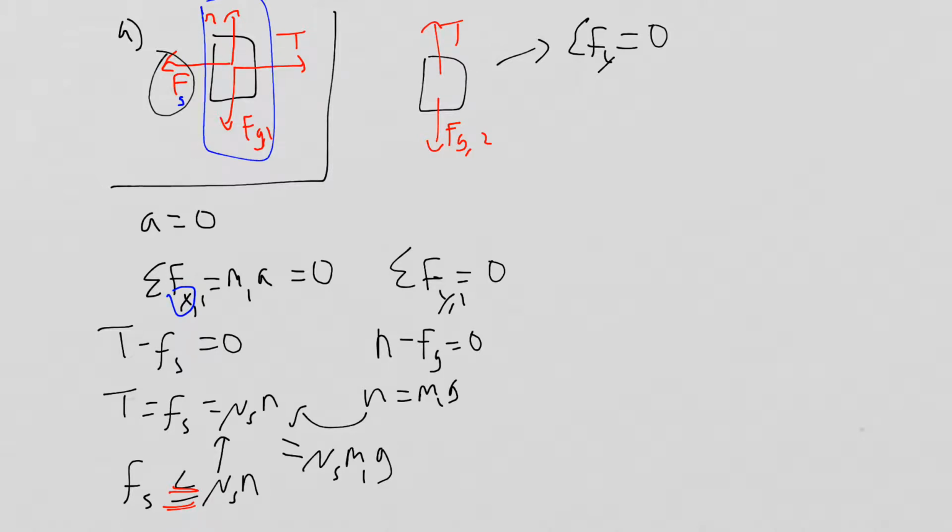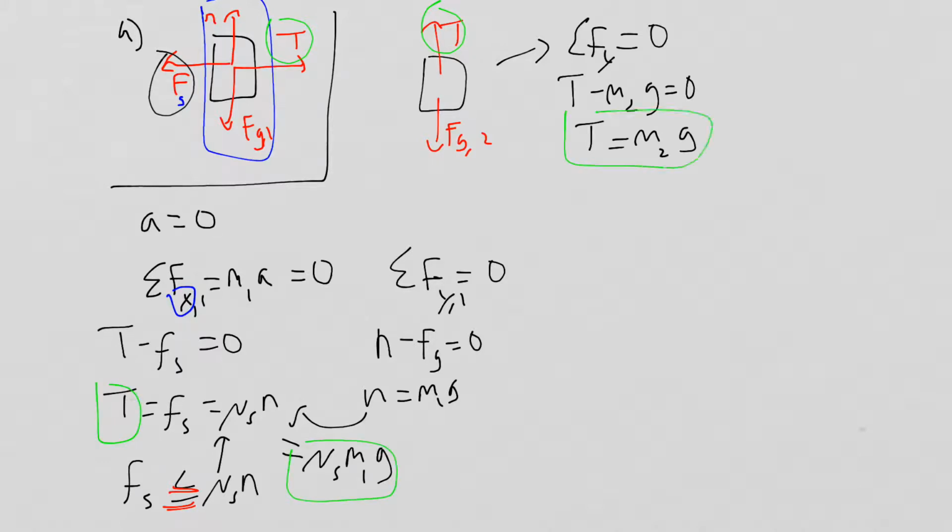So we have the tension minus m2g, the weight, equals 0, or the tension equals m2g, right? And these tensions must be the same because the string is massless. So now, where we have this and this being equal, I'm going to substitute this in. Right, so kind of starting a new spot, we get m2g equals mu s m1g.